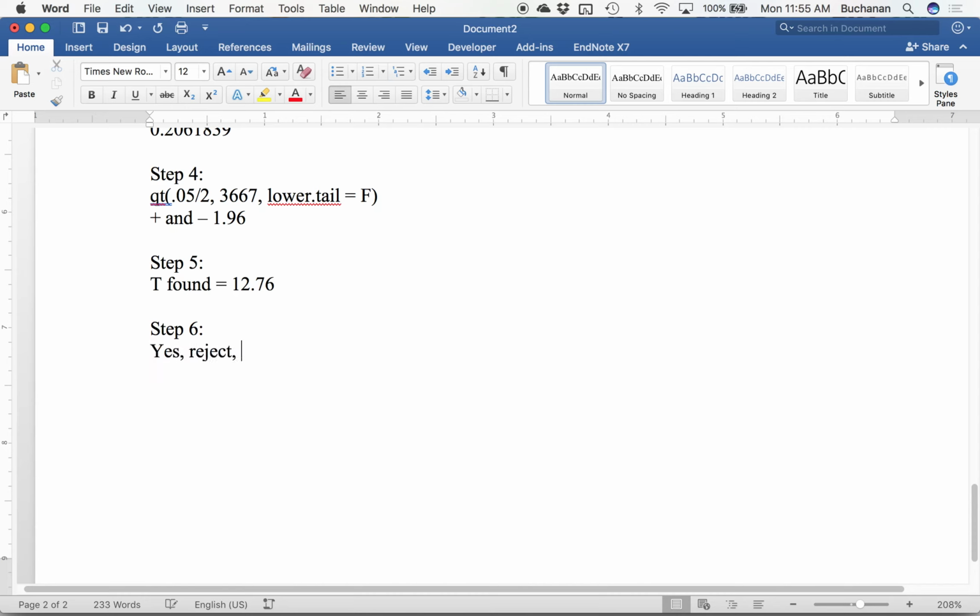Yes, reject. Therefore, ratings predict scores. So their rating of how well they think they're going to do actually does predict how well they did on the test. I wouldn't say their rating caused their scores, but I could say that I expect their ratings to be related to their score because I have a good idea for how well they think they're going to do.